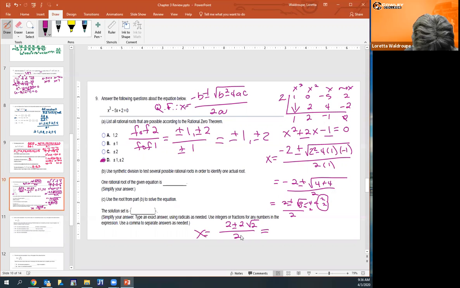And then you see how I can't simplify what's under the radical, but the numbers outside are all divisible by 2. So the first rational root I found was 2. But then I also have 1 plus or minus the square root of 2 for my final answer.